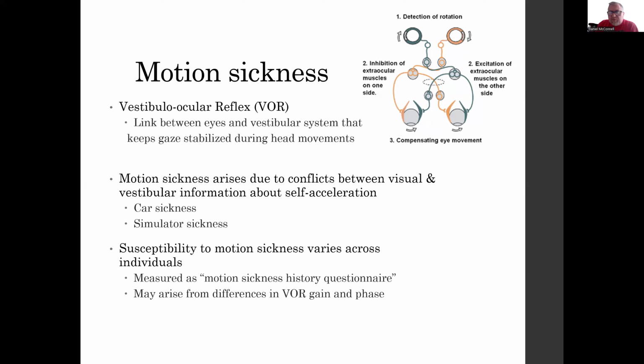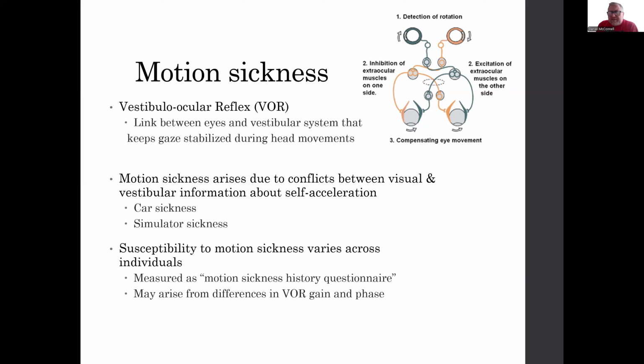So it's important for these two systems to be in good synchrony with each other. And what happens when you're in a simulator, like a flight simulator or virtual reality or an IMAX movie, or in a car even, or even on a boat? Another good example is seasickness, right? This can cause a conflict between the visual and the vestibular system about what kind of acceleration is being detected here.